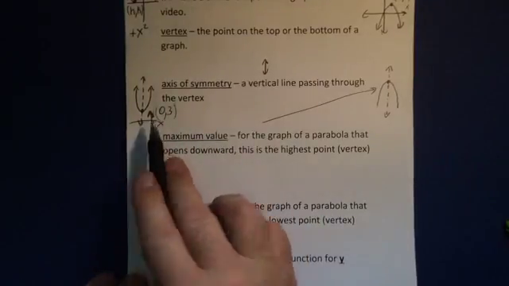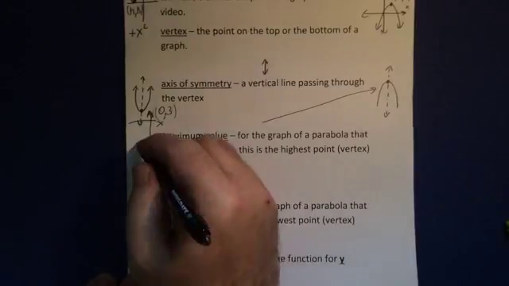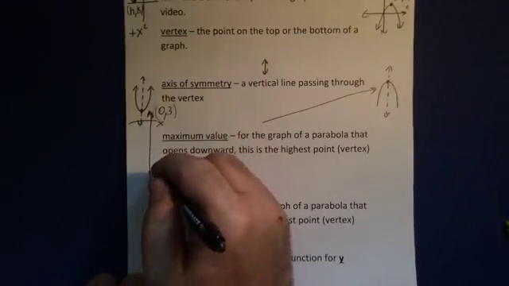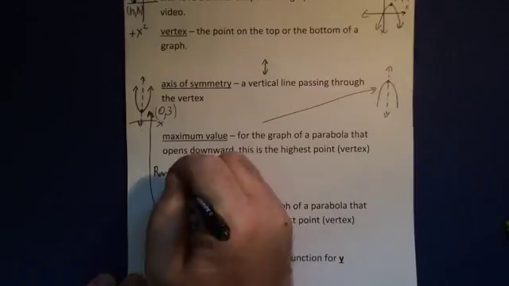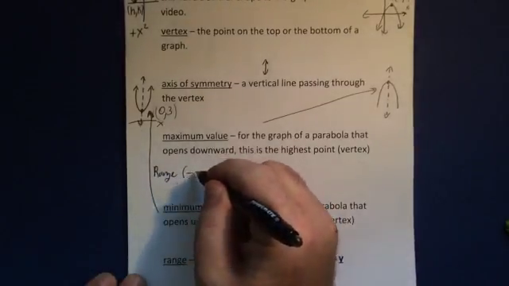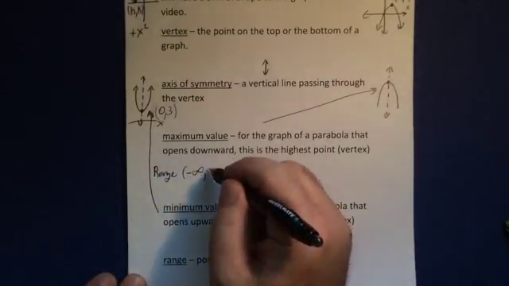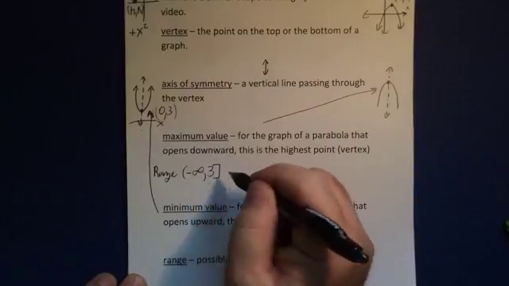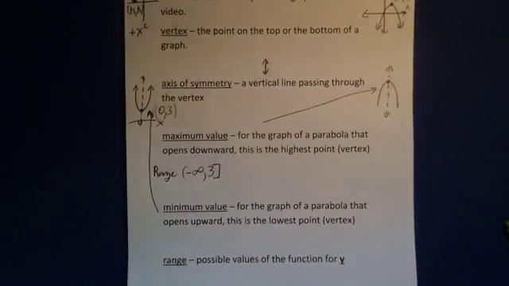So for this first function, we would say that the range is going to go from negative infinity all the way to 3. And because it reaches 3, we go ahead and put a bracket there for the parenthesis.